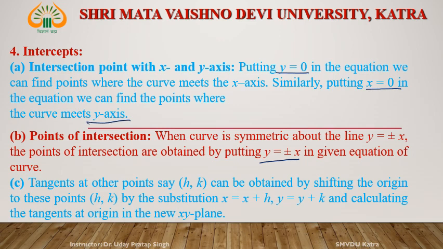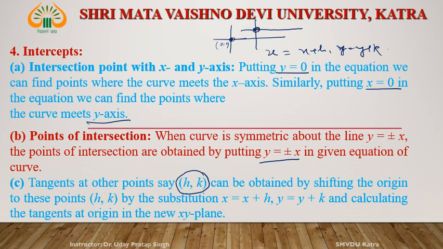Now, how do we evaluate the tangent at another point, say any point (h, k)? Simple. We know the tangent at the origin. Suppose this is 0, 0 and this point is (h, k). Now shift the origin to (h, k) by replacing x with x plus h and y with y plus k.